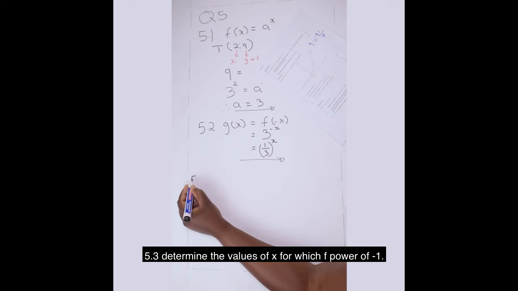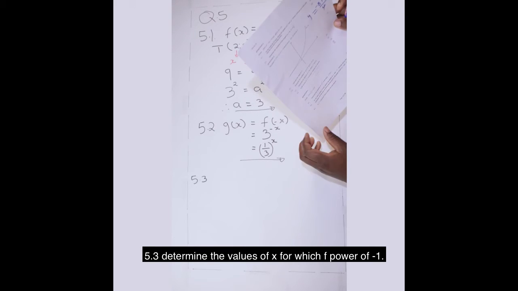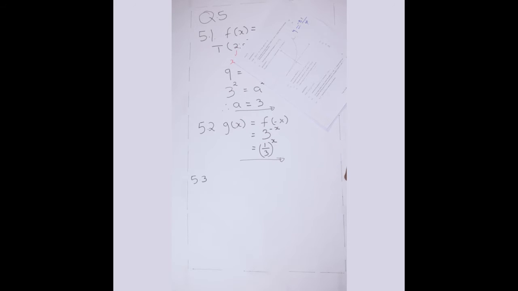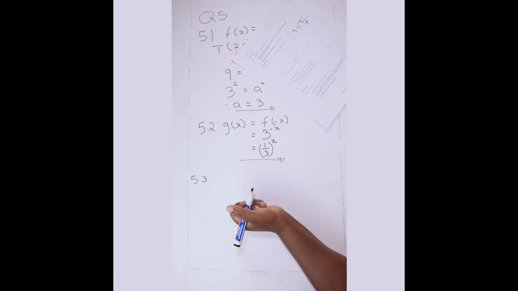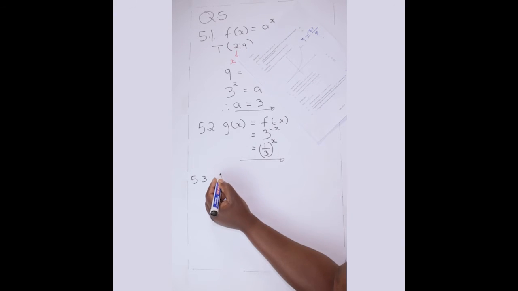5.3, it's our third question. The third question says, determine the values of x for which f^(-1)(x), the inverse of f, is greater than or equal to 2. Now, what is the inverse of f(x)?